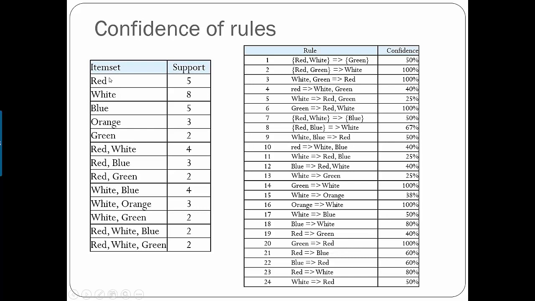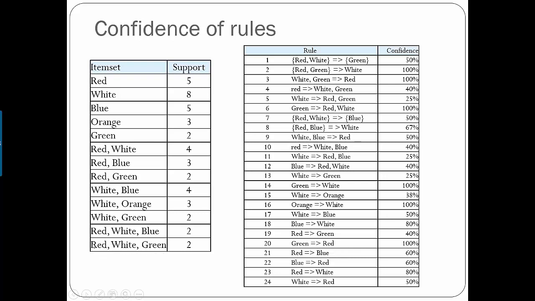Alright, so now here are the item sets, and we can develop rules. The rules are developed starting from the bottom here, because that's easier to follow. So here you can say red, white means green. That is one rule.